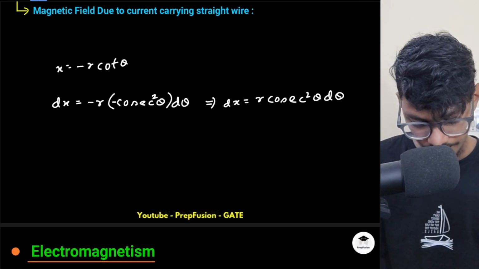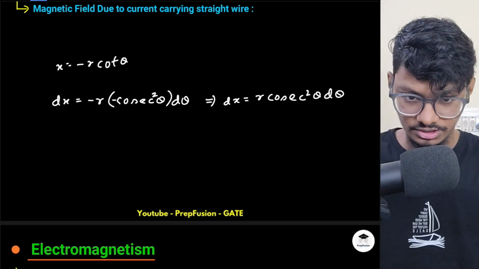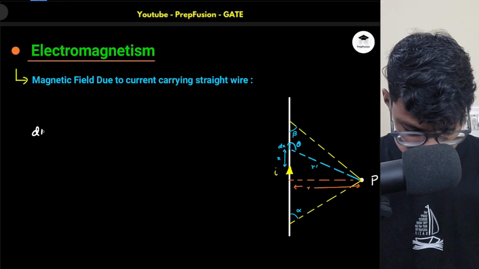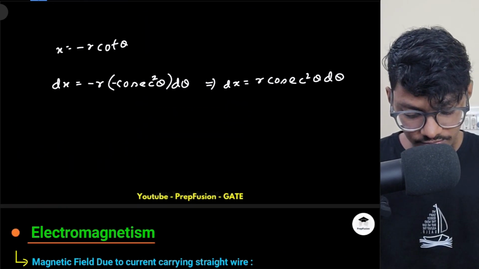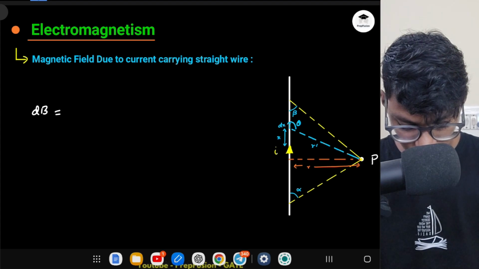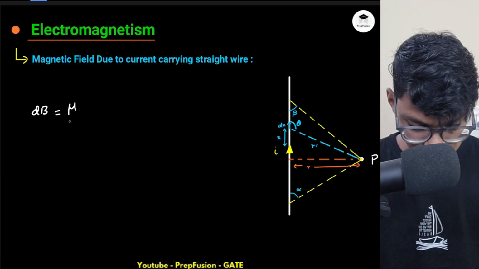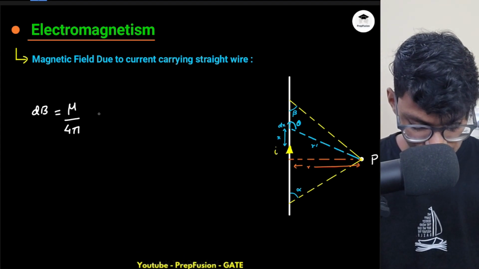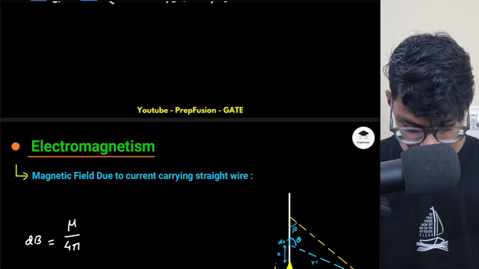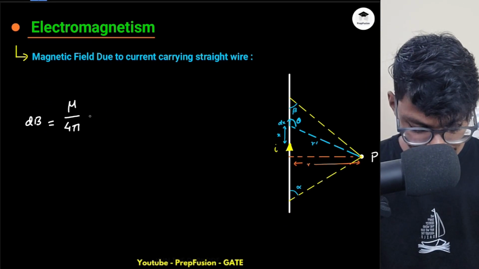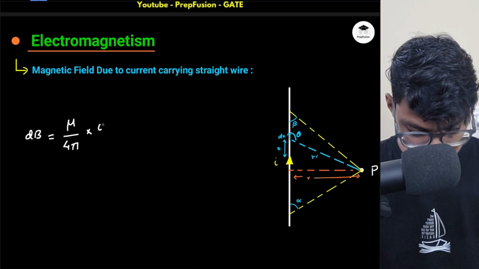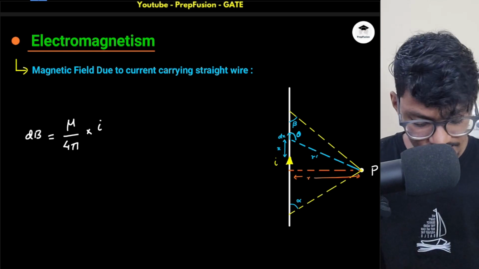Now I'm ready to do my integration. I can write my dB, and I will write everything in terms of theta now, so I will replace dx. This was equal to mu by 4 pi into I dl, and dx has changed to d theta now.